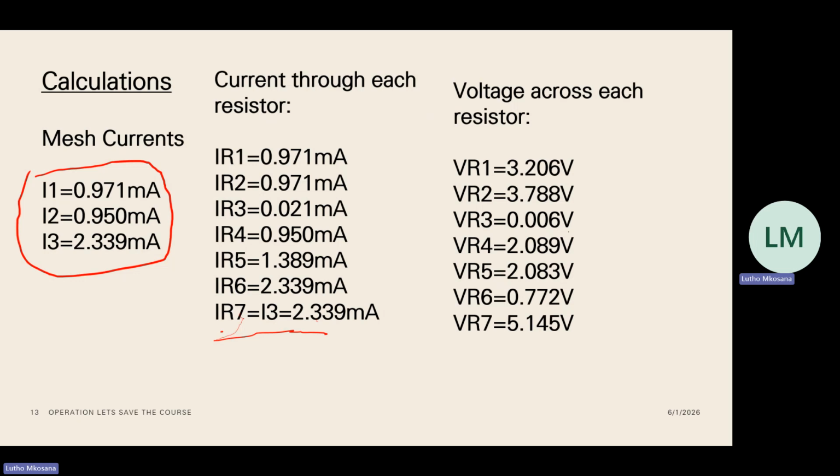Once we know the current that is flowing there, it would be that current multiplied by R to get the voltage across each resistor, which is given by these voltages over here.